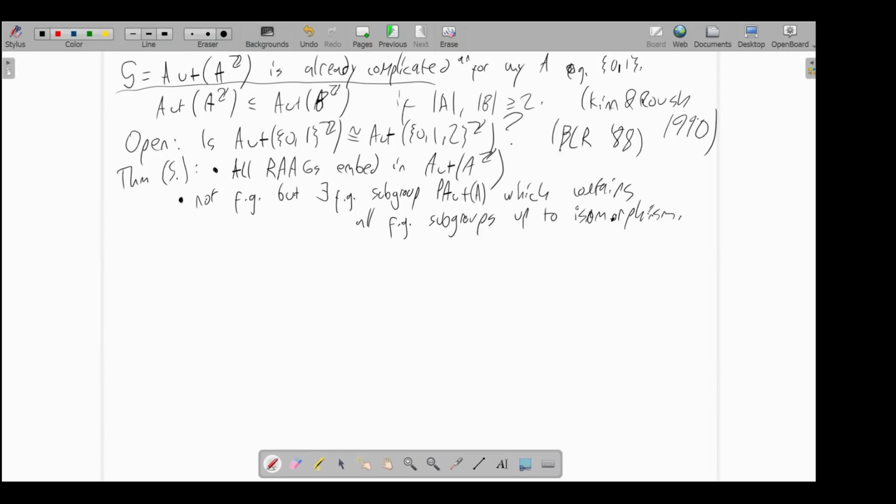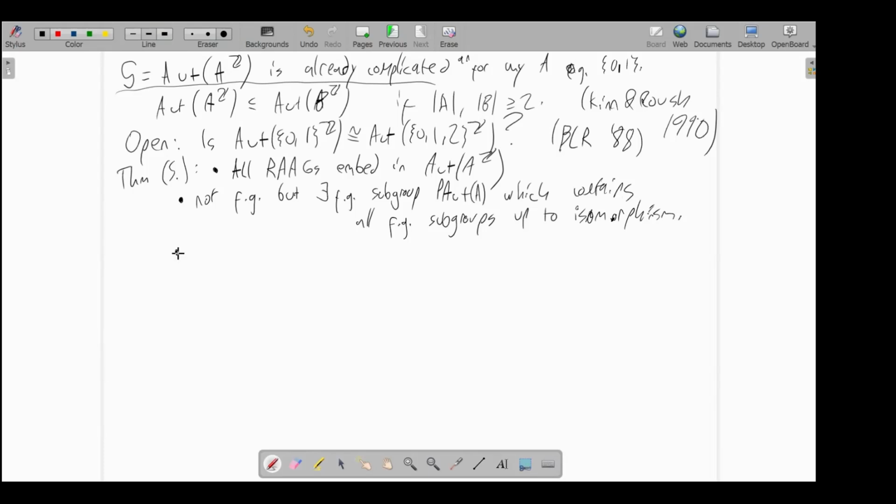So there is a kind of mother finitely generated subgroup for all the other finitely generated subgroups. I don't know if there's a finitely generated subgroup that contains a copy of the whole group, but all finitely generated subgroups can be embedded here.